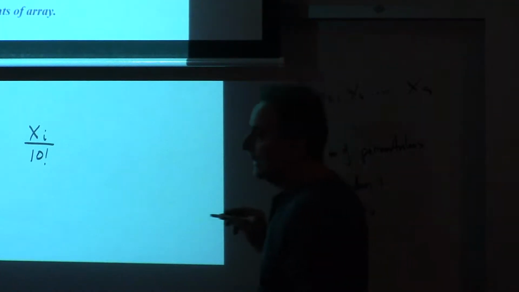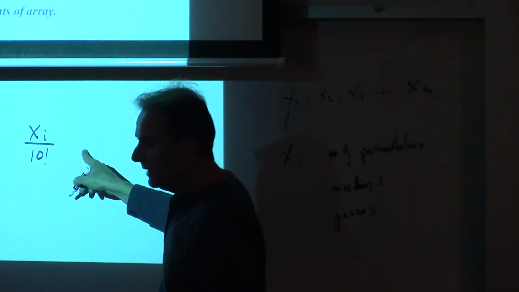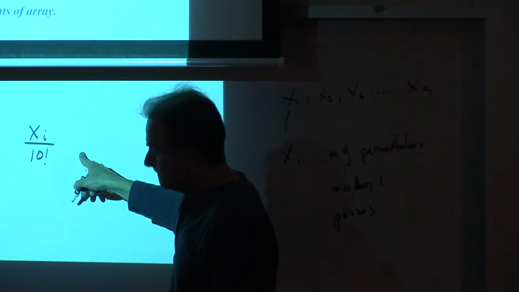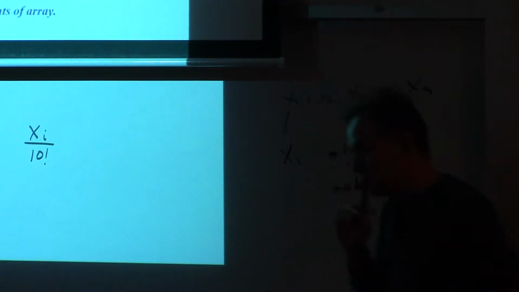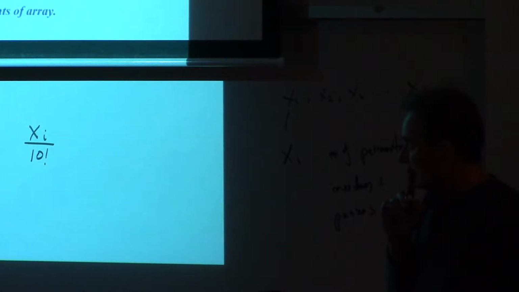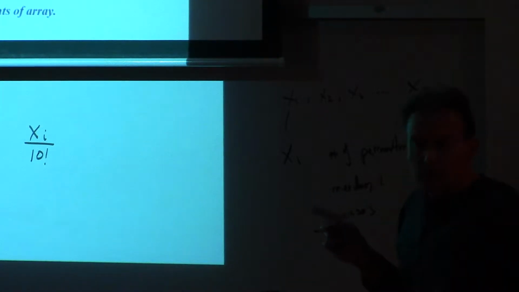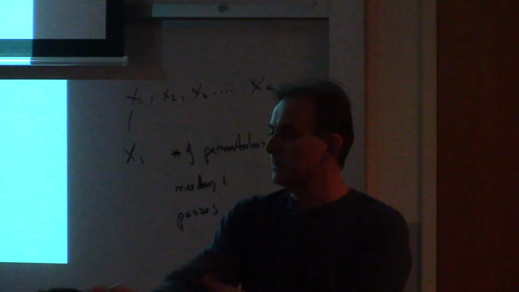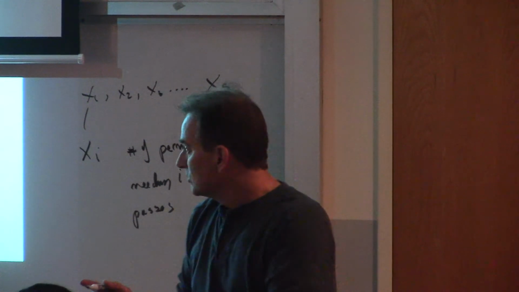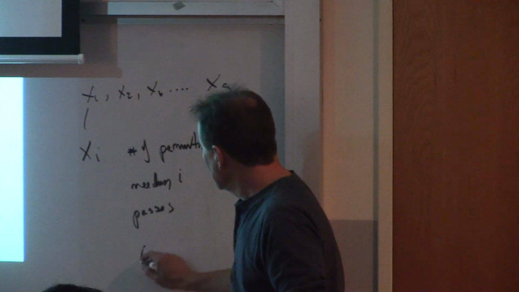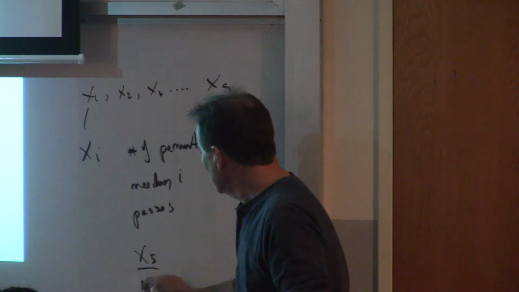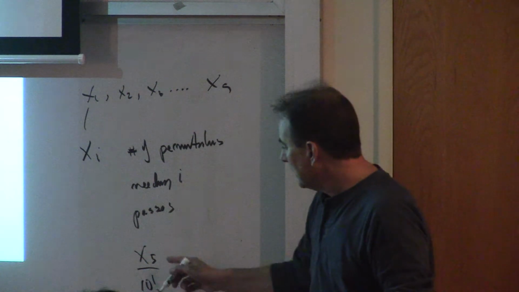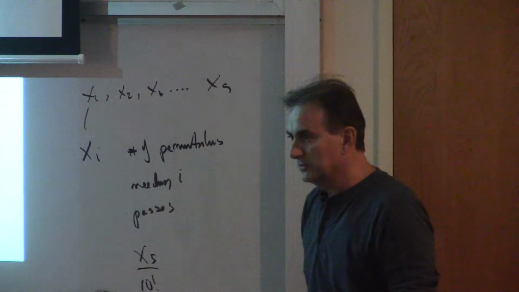We're going to multiply this by i. This is the probability, right? Probability tells us how likely it is. But we have to multiply the probability by the work given that probability. So for example, if we look at x5 over 10 factorial, that's the probability of a permutation requiring 5 passes, given 10 elements.